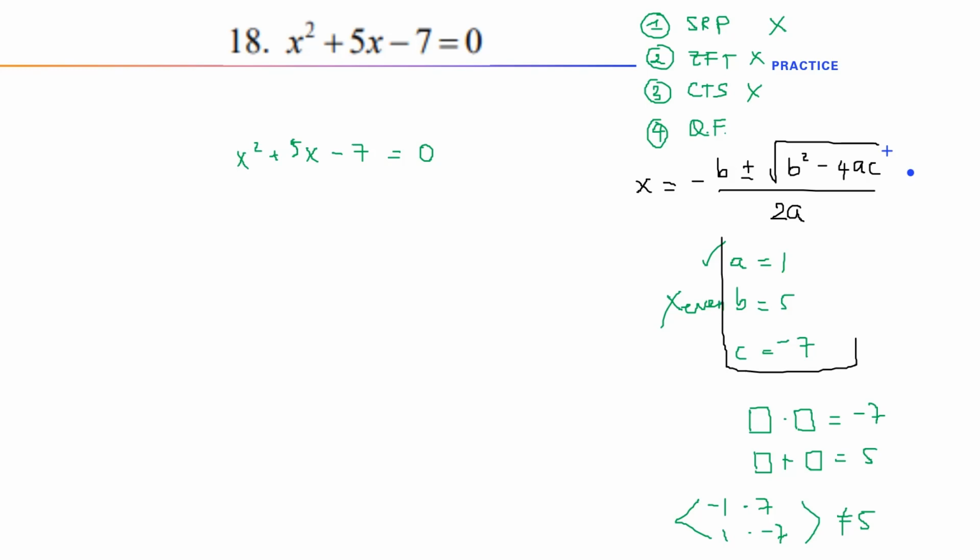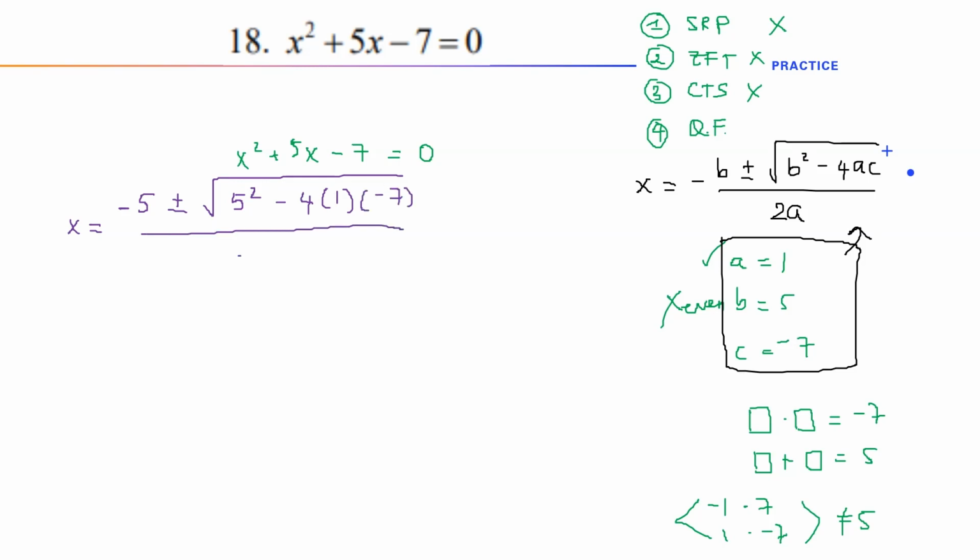Okay, here is our ABC. Plug in, right? x equals minus b, which is 5, plus or minus square root of b, which is 5 squared, minus 4 times a, which is 1, times c, which is negative 7, over 2 times a, which is 1. Now simplify it. x equals minus 5 plus or minus 5 squared is 25.